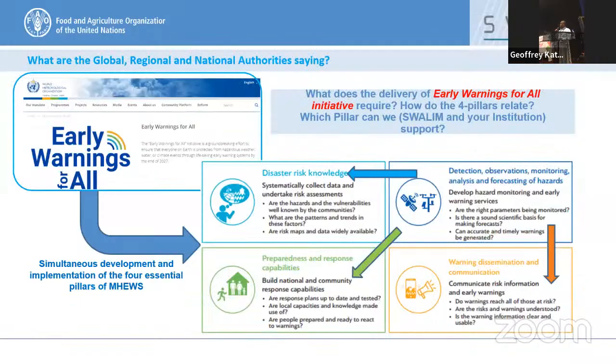So we received a warning from WMO, and then it triggers internal action where we activate our SOPs in terms of early warning, producing products, and being able to inform action in Somalia.